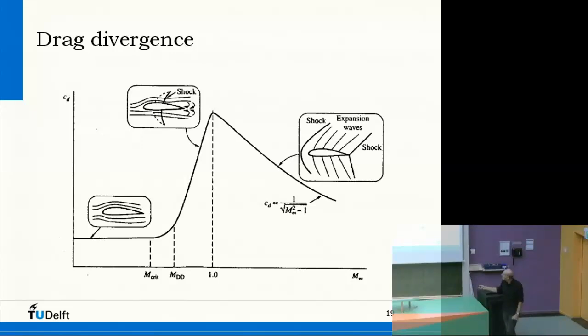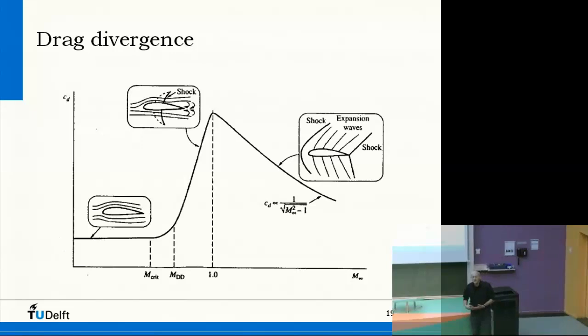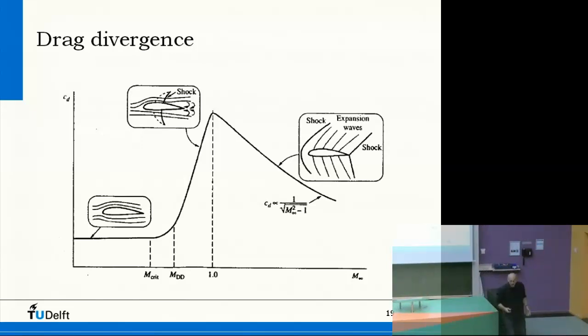Very high increase, so 5 times the original value, and this is where it starts, which we call drag divergence. The Mach for drag divergence. And you see what happens, it diverges in the sense that it's getting bigger and bigger all the time.